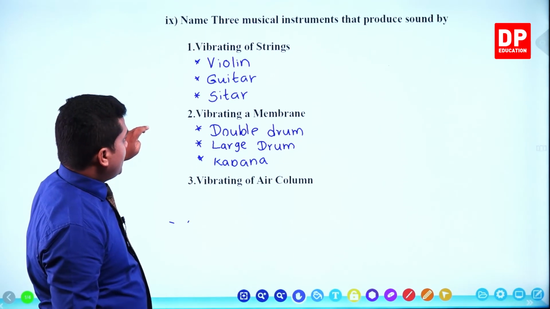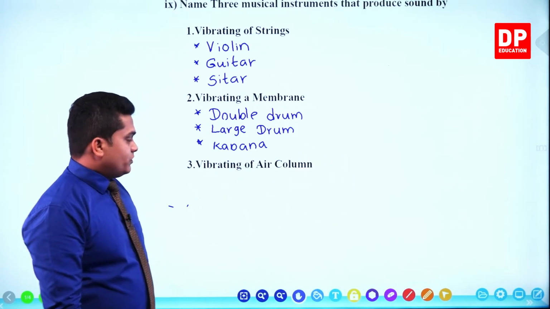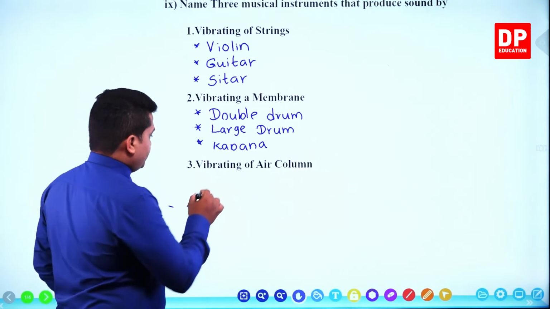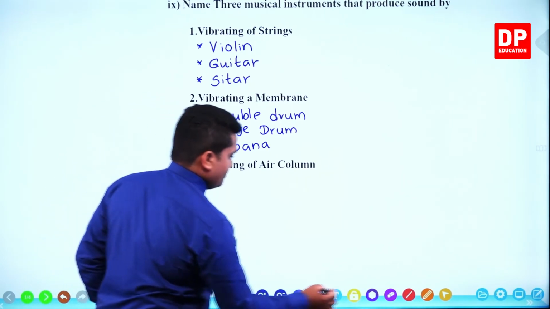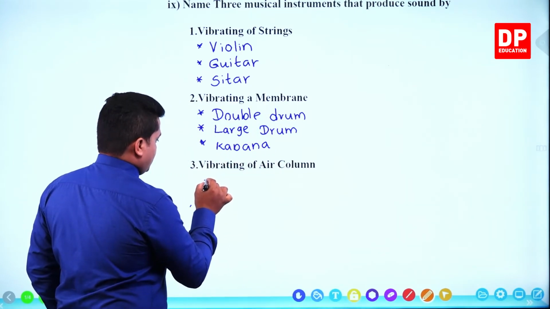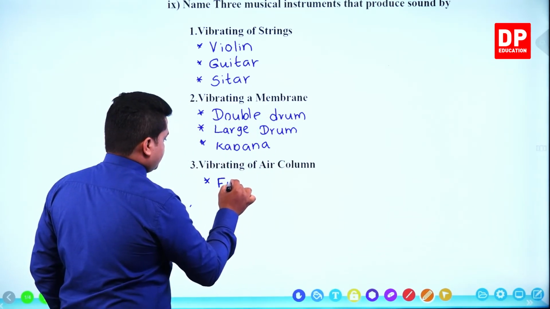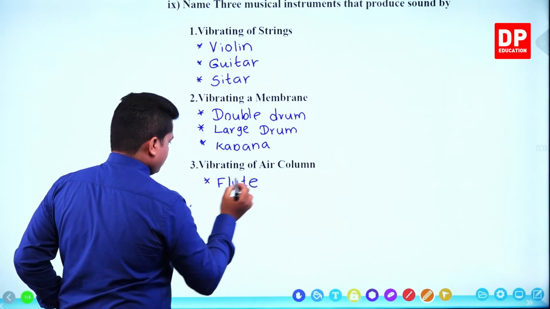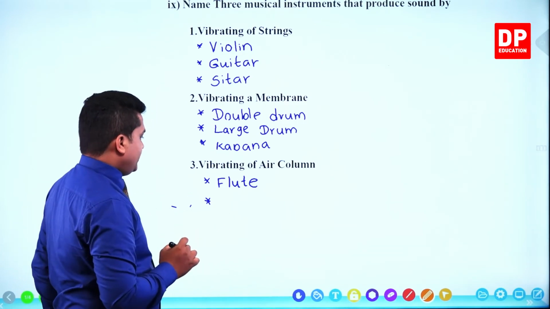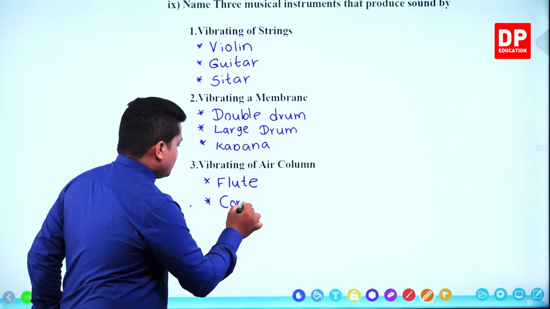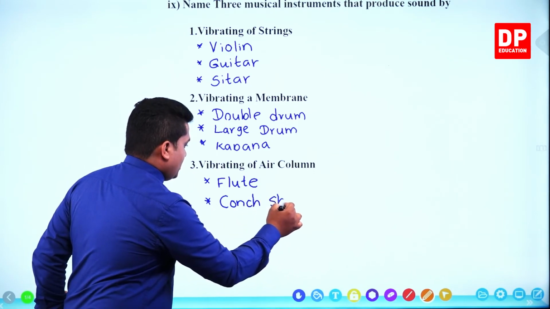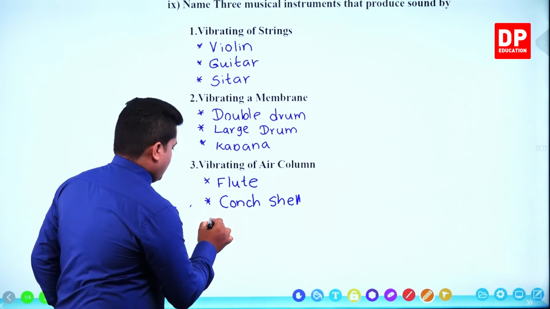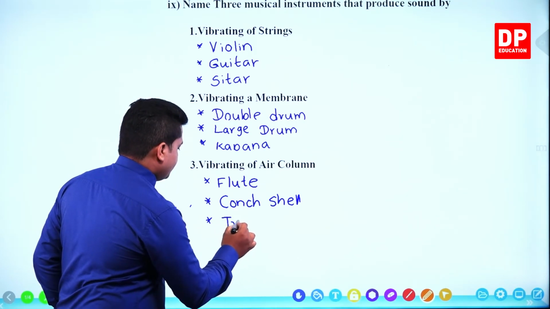Take the slide somewhat up. So 3 instruments which produce sound by the vibration of air columns. We'll write down: flute, then conch shell, haggediya in Sinhala, then trumpet.